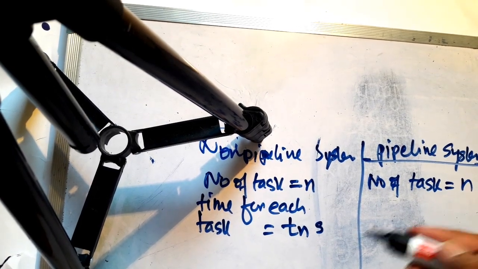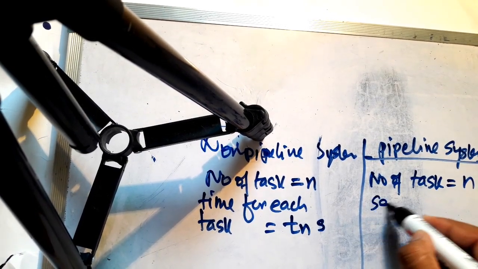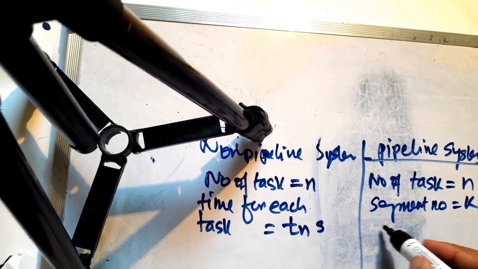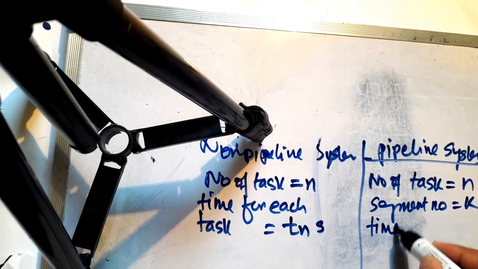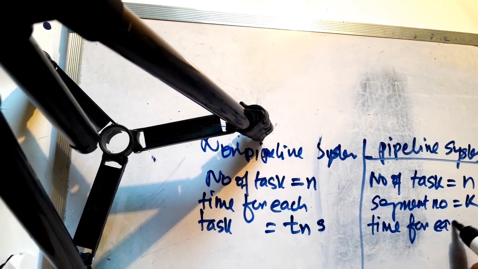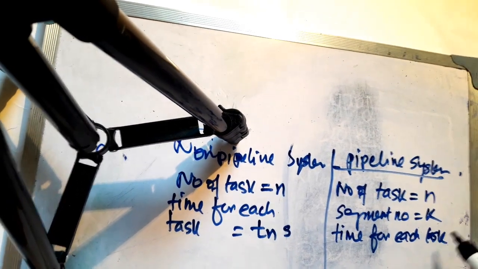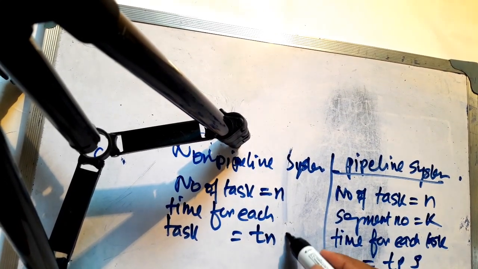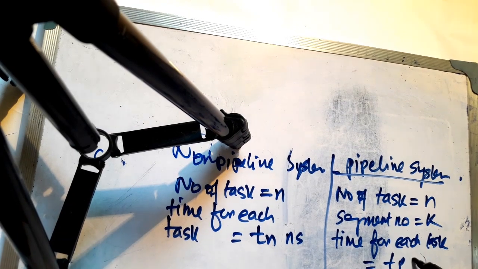The segment number is k. Suppose the time for each task is t of p, in second, millisecond or nanosecond. Suppose nanosecond.